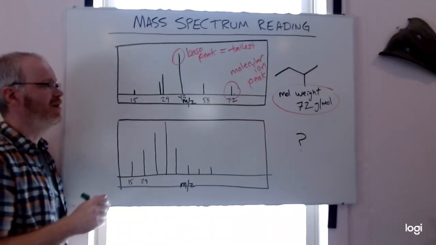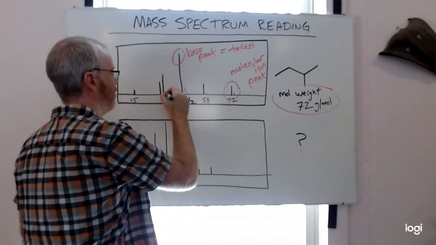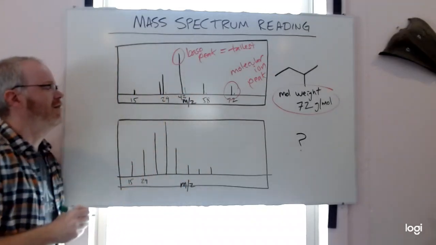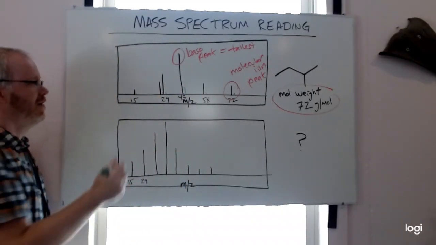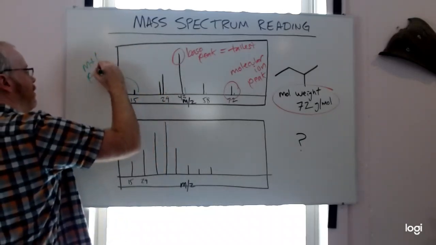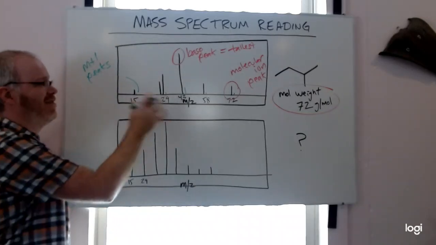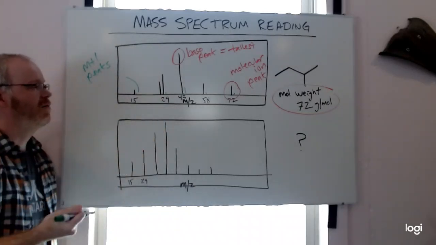So one of the things to keep an eye out for in mass spectrometry is that a lot of times you'll see small peaks next to the larger ones where we expect them. We call those M+1 peaks. They come about from the sensitivity of the device detecting isotopes of atoms.